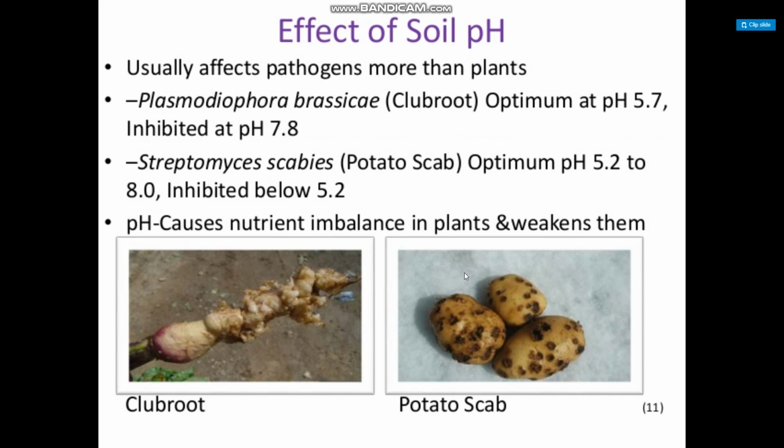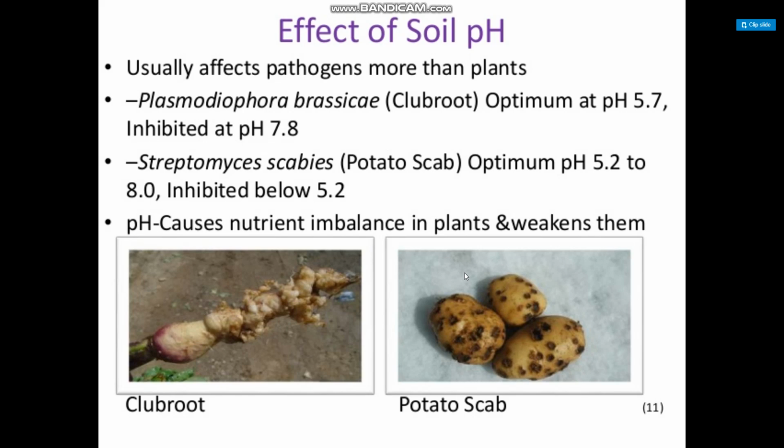Effect of soil pH usually affects the pathogen more than the plant. Plasmodiophora brassicae, which causes club root, has its optimum at pH 5.7 and is inhibited at pH 7.8. The second example is Streptomyces scabies, known as potato scab.